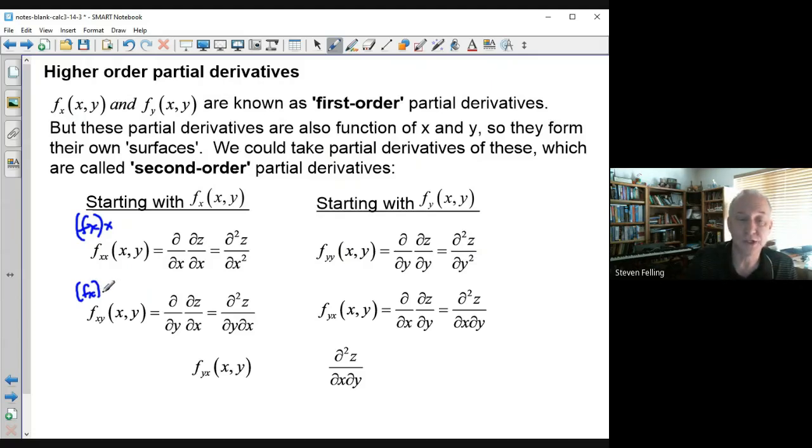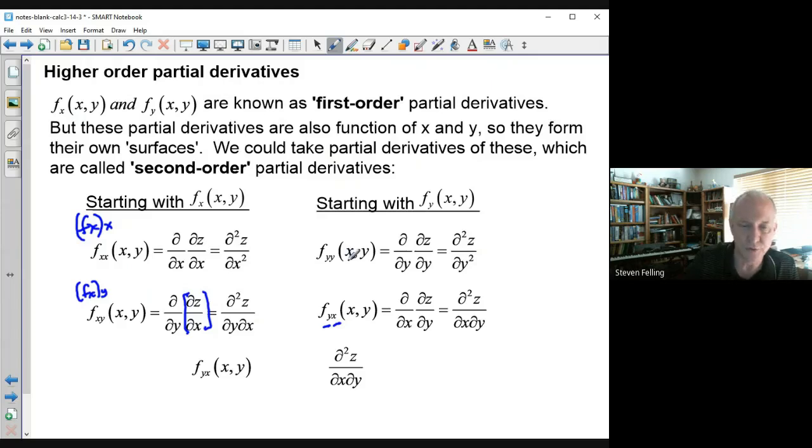Then let's switch to taking the derivative with respect to y. That's written fxy, which means first we take the derivative with respect to x, and then we take the result and take the derivative of that with respect to y. So that's written del squared z, del y, del x. And if you have fyx, it means you take the derivative with respect to y first, and then the resulting equation you differentiate with respect to x.